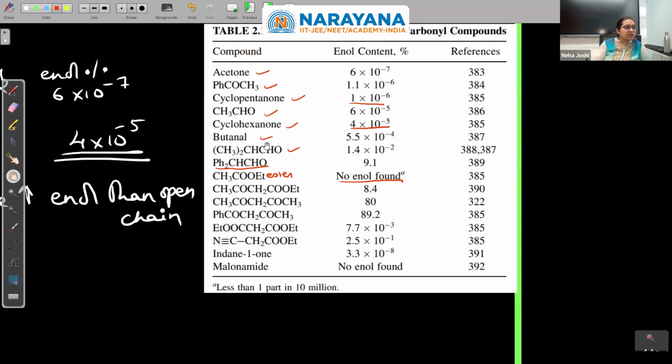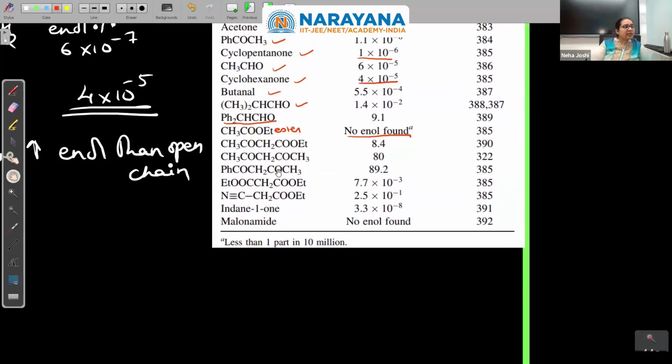And when it is normal ester, yes, when there is active methylene, then it is a different case. There are some enols, but still you can see ester percentage is 8.4. Both side ketones percentage is 80. PhCOCH2CO 89.2. See the increase in percentage. And if both side ester, at least there is enol, but the percentage is minus 3. So this should be very clear that esters do not form enol that effectively.